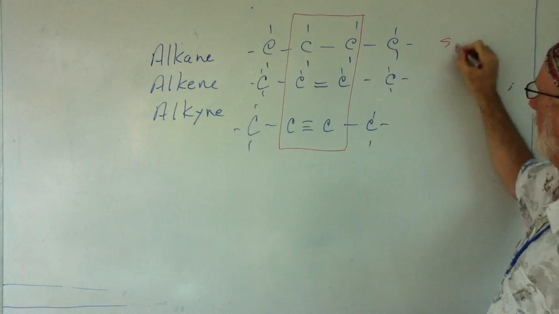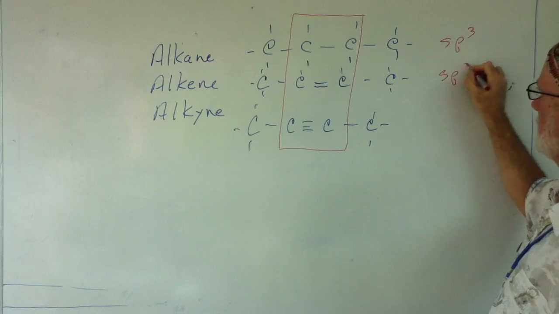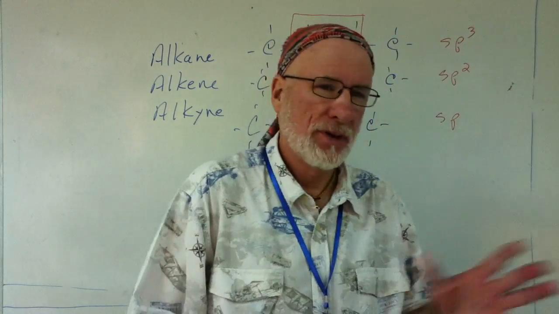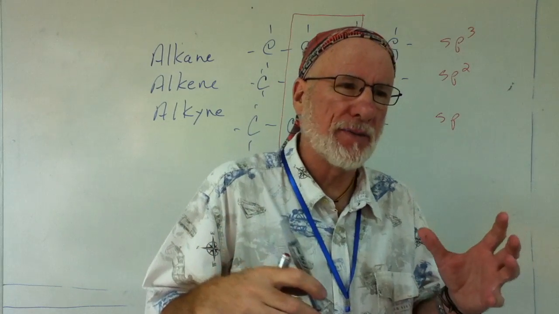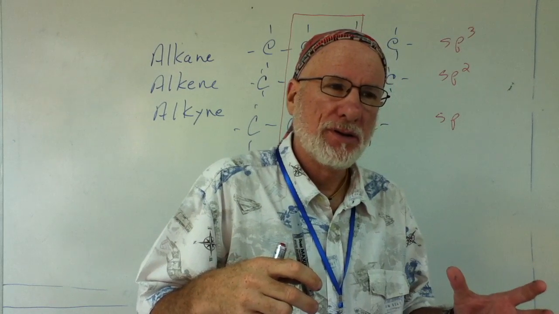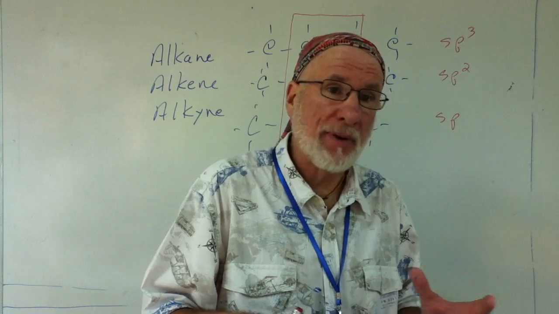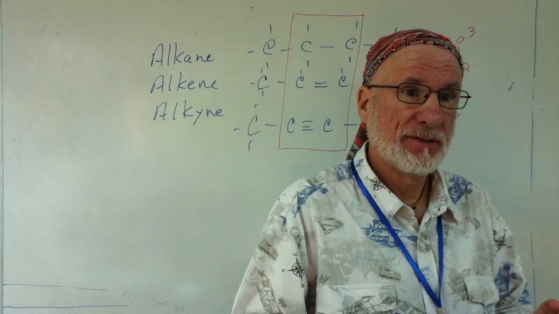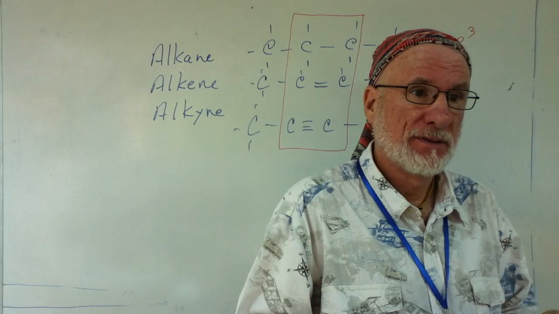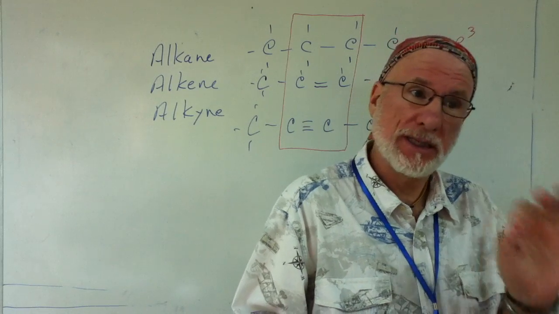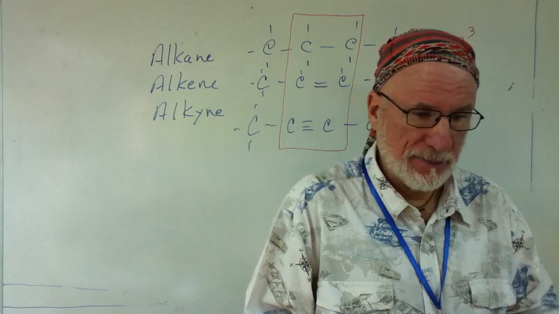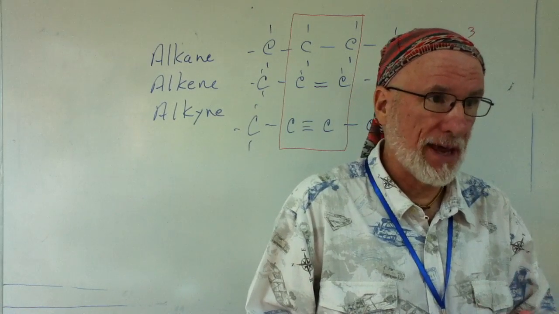This is what we call sp3, sp2, and sp. Yes, do you remember that? You may not remember it, but do you remember ever hearing about sp hybridization? No? Okay, it's in your book, in the bonding chapter, that's okay. But it's very important that we go over that.